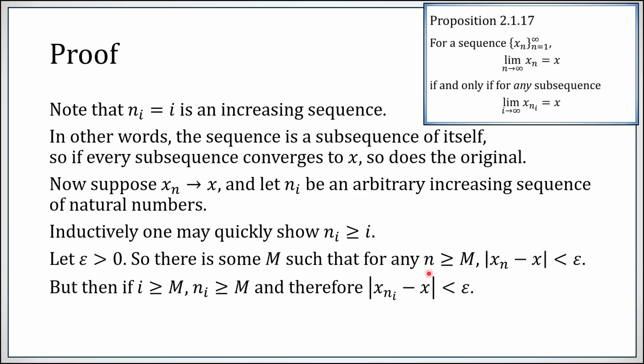Now this inequality for the original sequence held for every term whose index is bigger than m, and here is an index that's bigger than m. Therefore I get this inequality. Overall, as long as i is bigger than or equal to m, x sub n_i is within epsilon of x. In other words, the subsequence is converging to x.